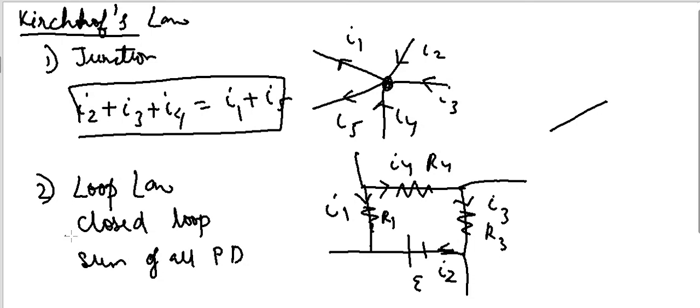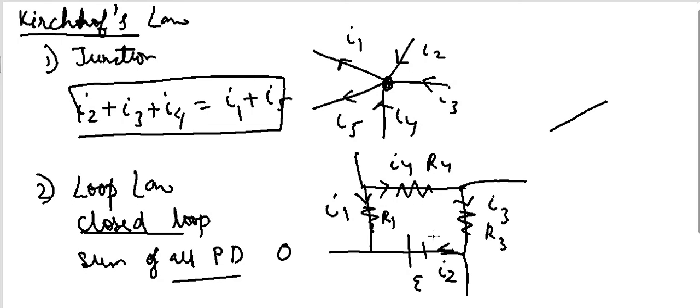So in a closed loop, like this, for example, this is a closed loop, the sum of all the potential difference across this closed loop is 0. So in order to see what potential difference can be positive or negative.